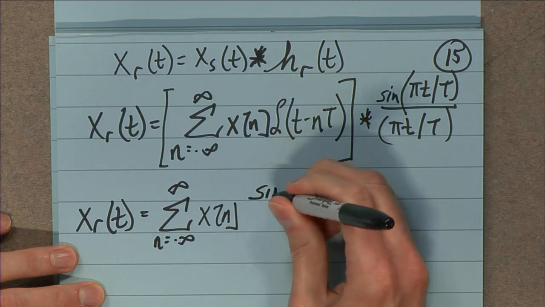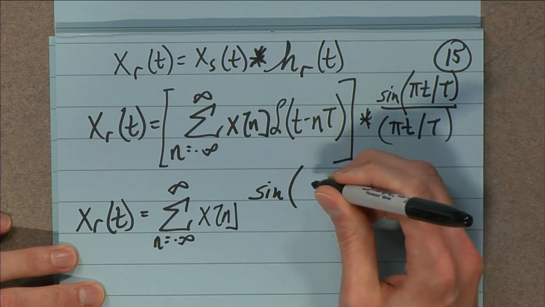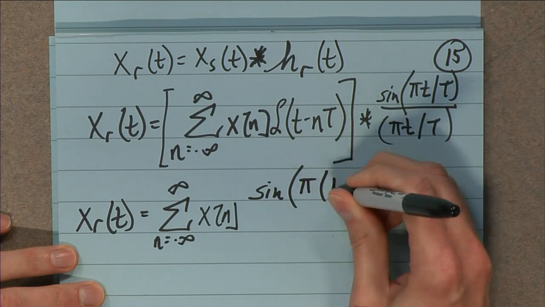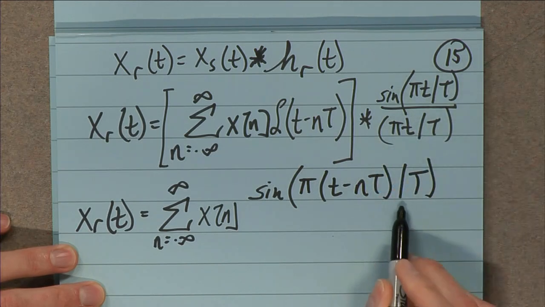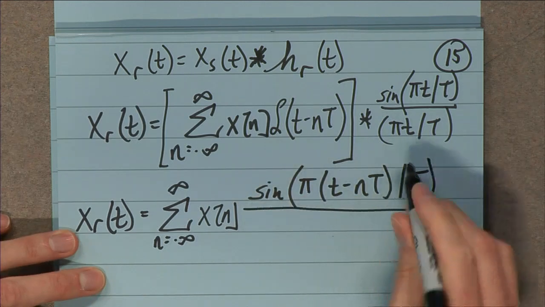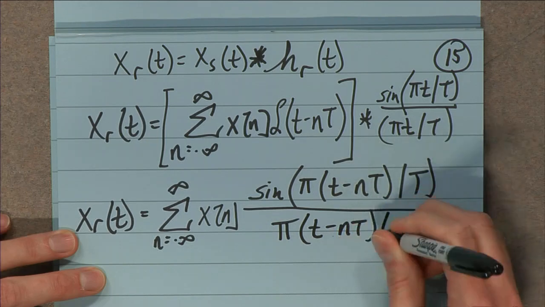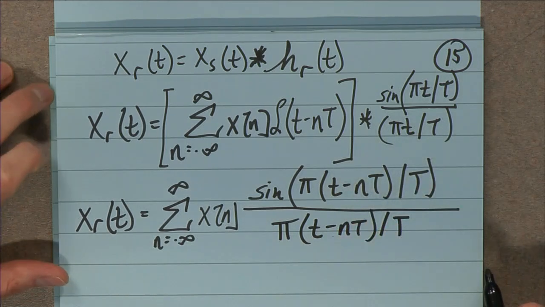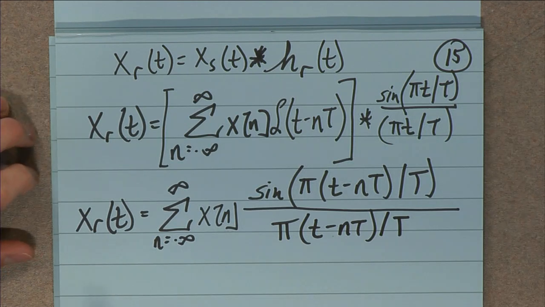So we end up with sine of pi times t minus nT all over T. So there we've got our infinite summation of sinc functions. Each sinc function has a weight, and that weight is the discrete time value of the signal at index n.